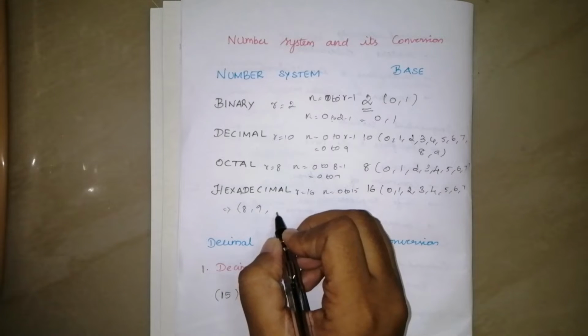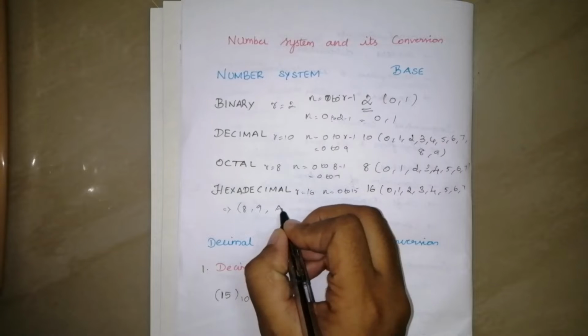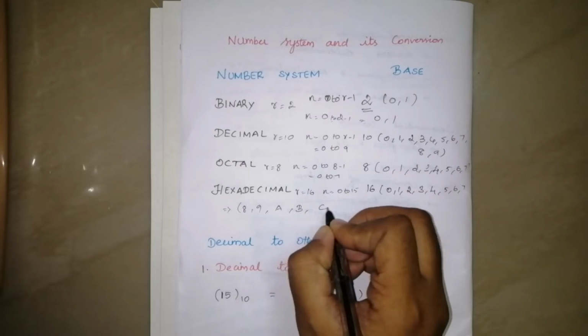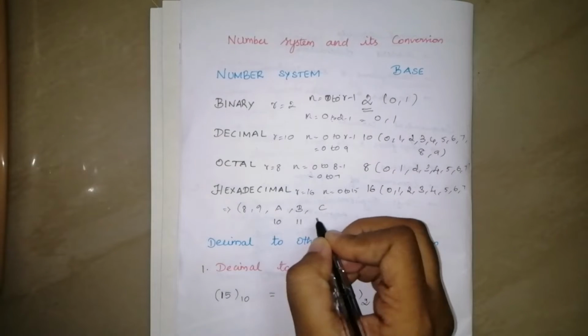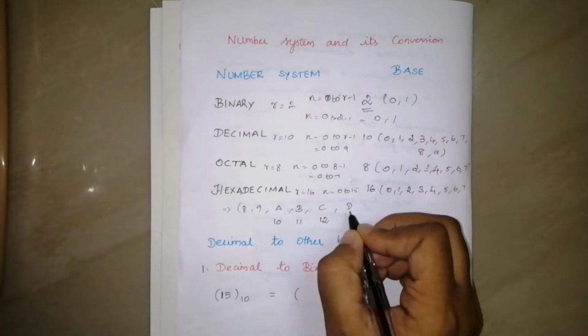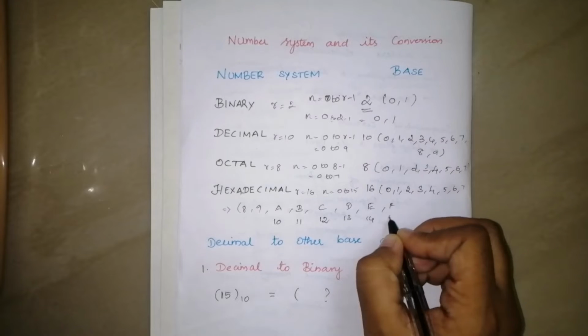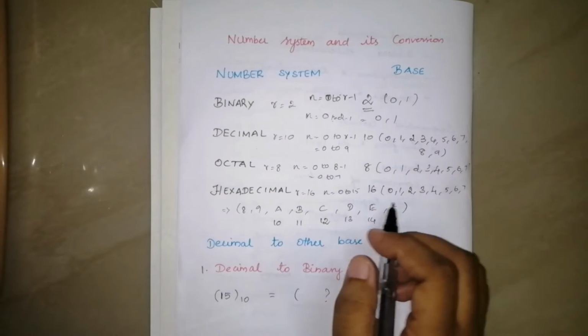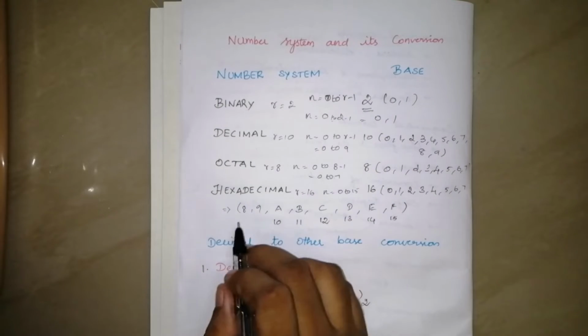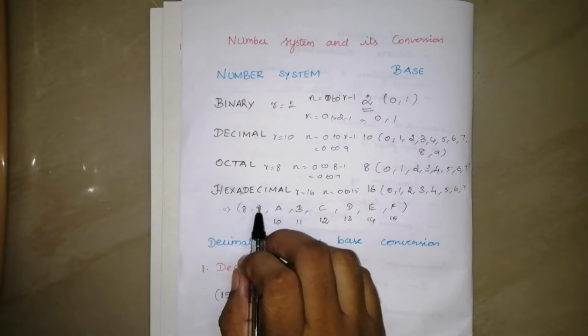Here we will not use 10 directly. Instead of 10, we will be using A, B, C. A means 10, B means 11, C means 12, D is 13, E is 14, F is 15. So these are the symbols used to represent the hexadecimal number system.